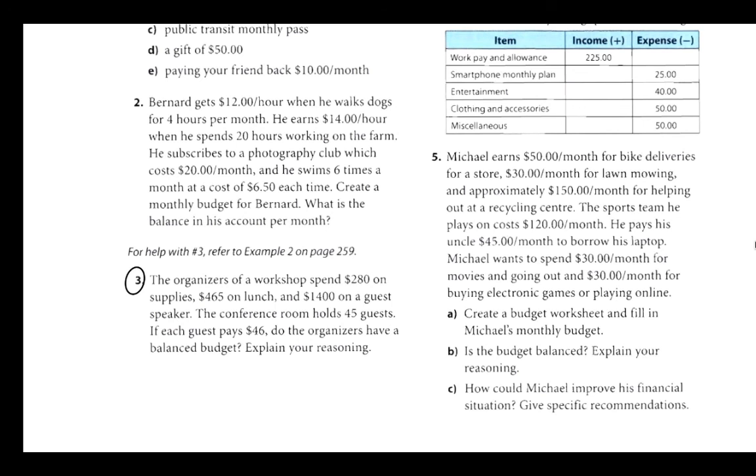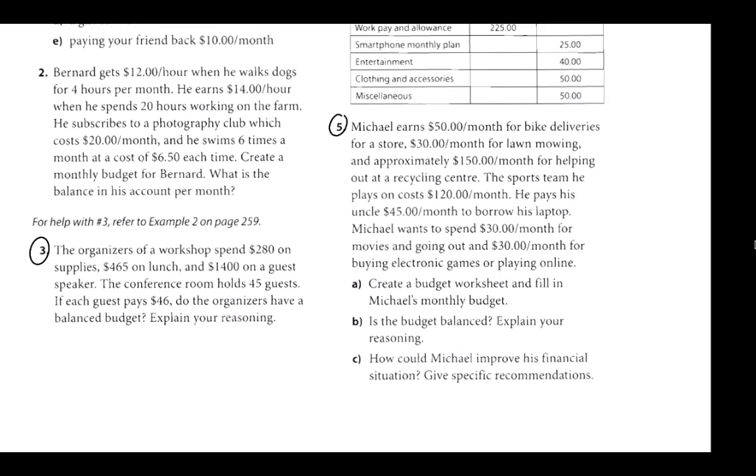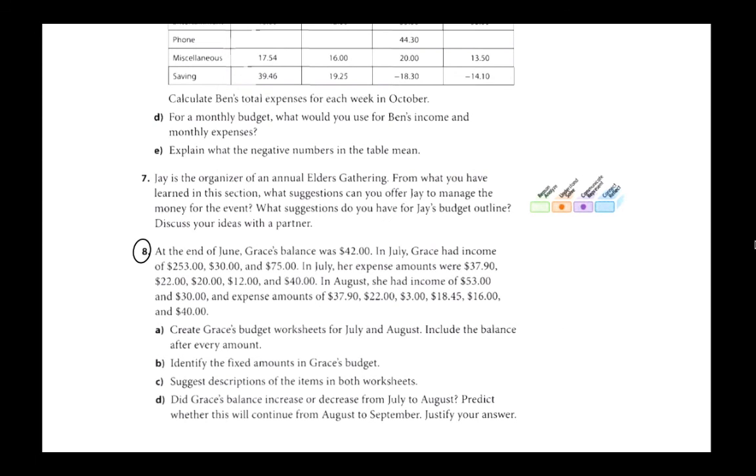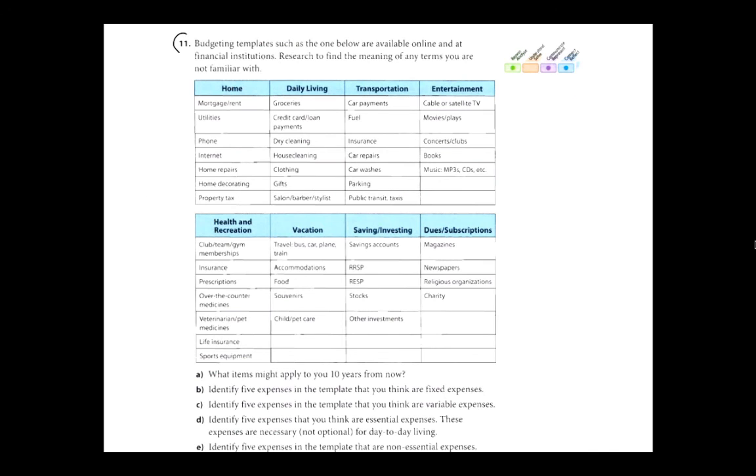Question number 3 is a good one on balanced budgets, so it would be a good idea to give that a shot. Question number 5 would be a good one because it gives you some practice on making your own budget worksheet. I would recommend for you to do question number 8 as well, and try question number 9. And finally, question number 11.